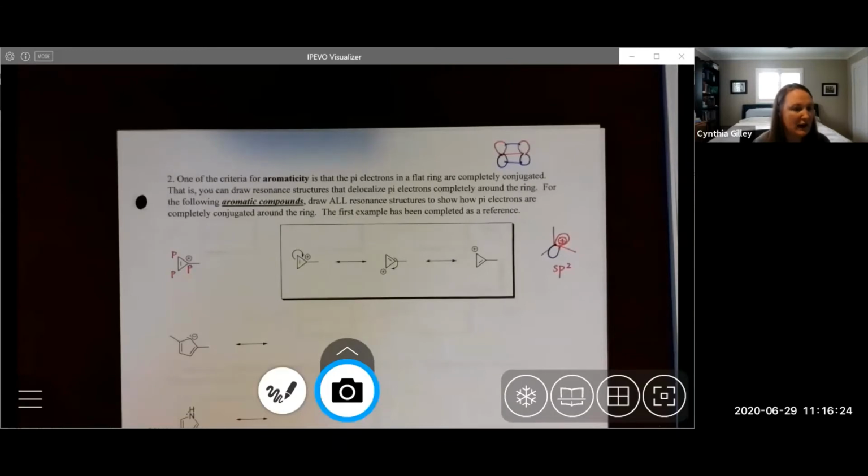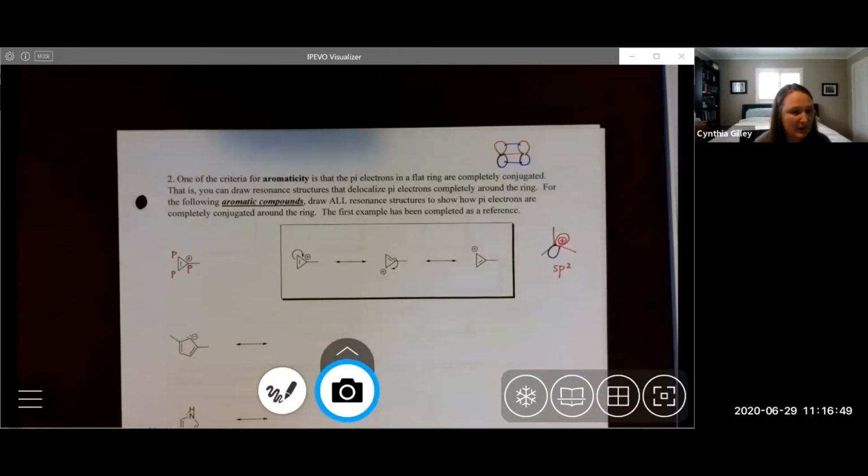And they all have to be coplanar to enable full conjugation of those p orbitals, full overlap across the entire p orbital system. And then after that, it has to have the correct number of electrons in order to become aromatic. You might have learned from the video that the correct number of electrons is Huckel's number.